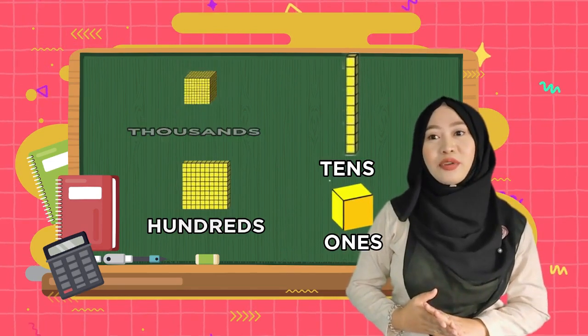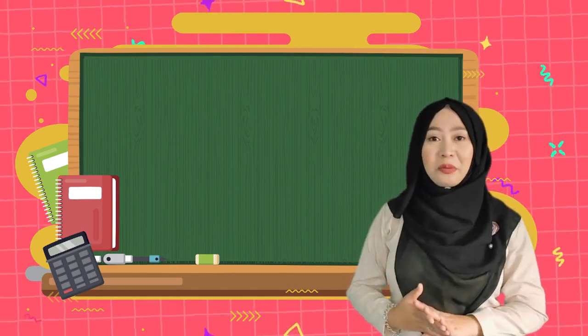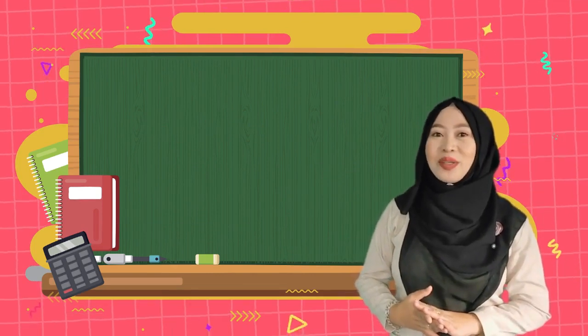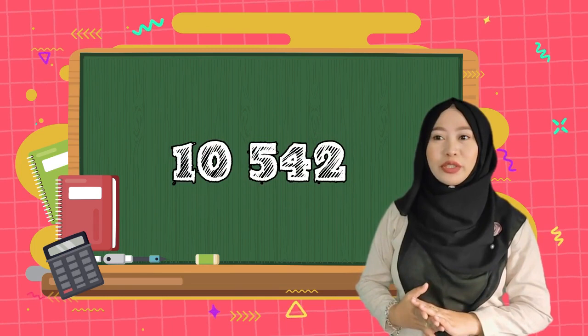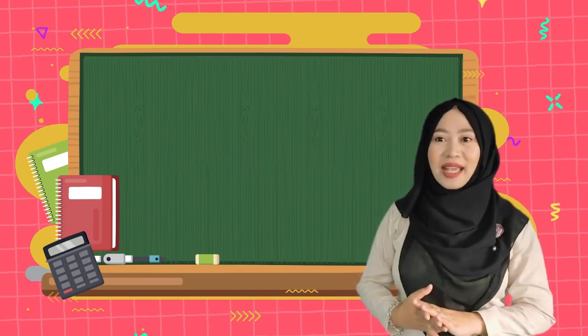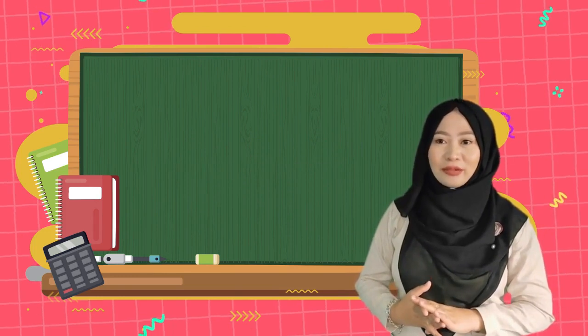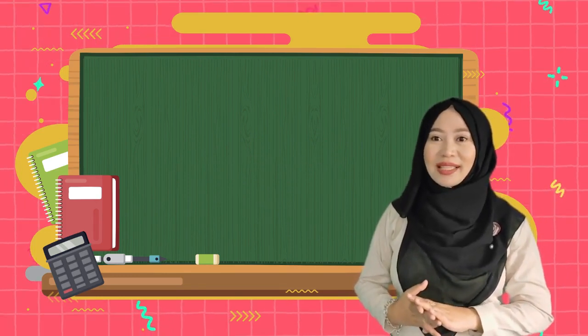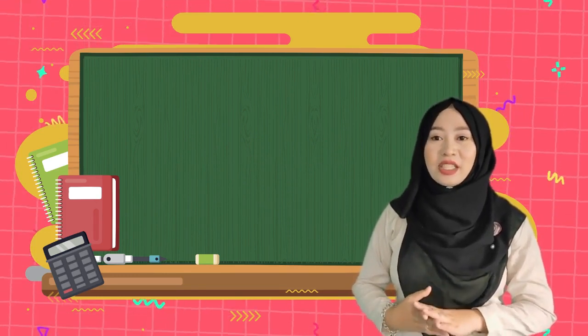Using again the given number in our previous problem, we have 10,542 is the number of people that can be accommodated by the sports ground. Using a table again, we will place digits in their respective place value.